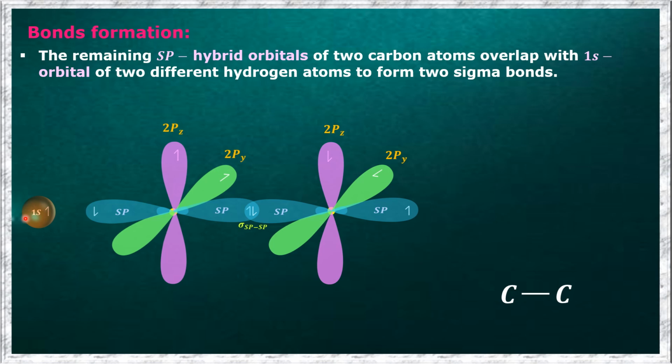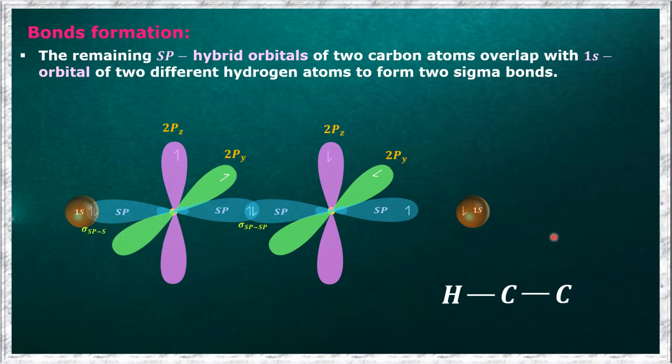So this is the 1s orbital of hydrogen atom, and it contains an unpaired electron, and these two will overlap to form one sigma bond. These two are overlapping and form one sigma bond, sigma sp-s.